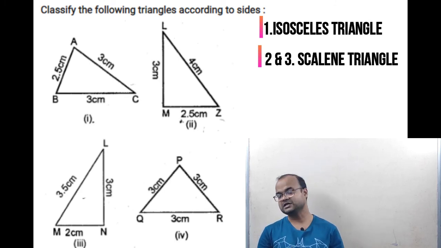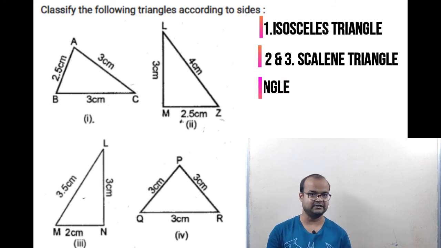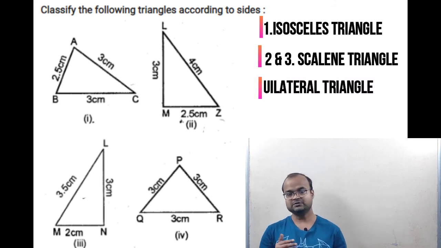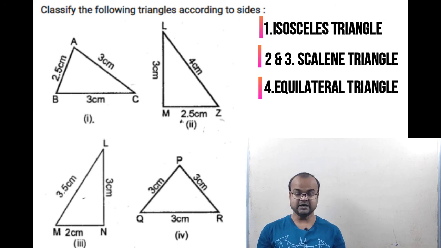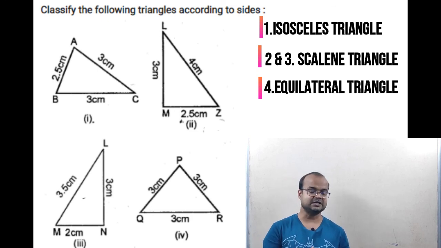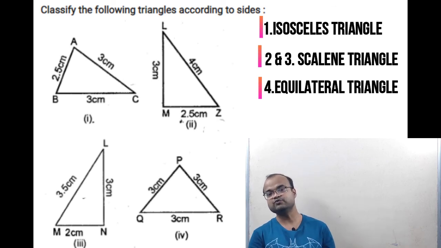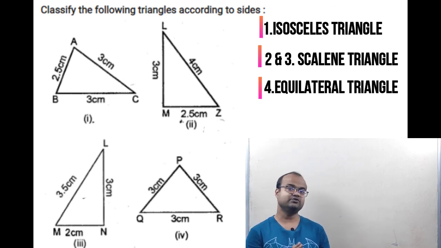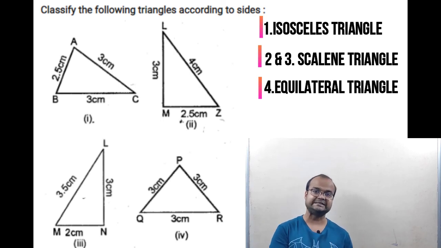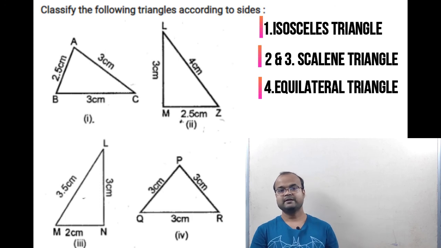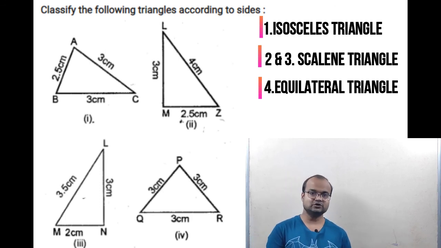So this is an example of a scalene triangle. In question number 4, here all the sides are of equal length, 3 cm, 3 cm and 3 cm. So this is an example of an equilateral triangle, where equilateral triangle means all the sides are of the same length.